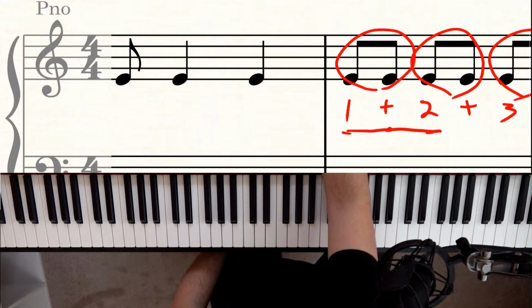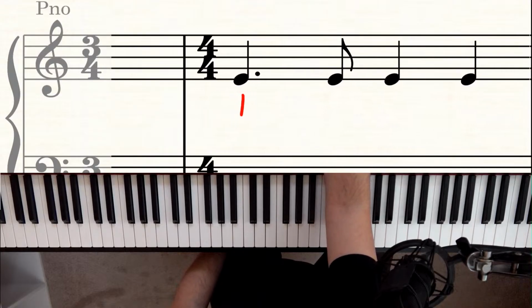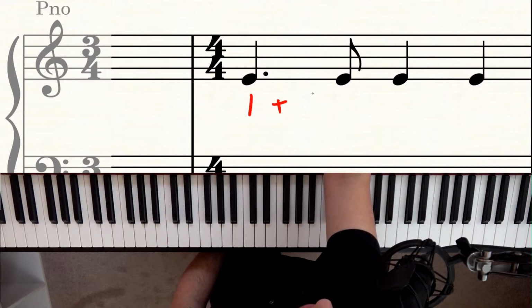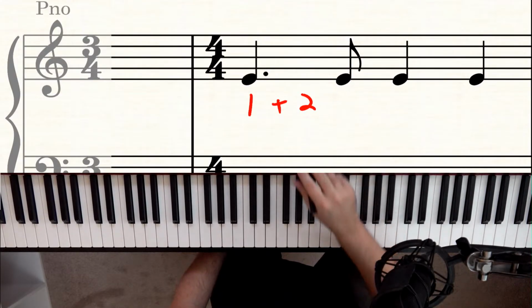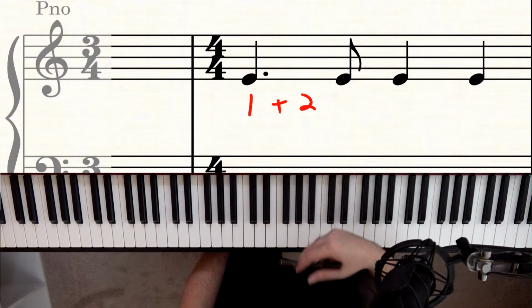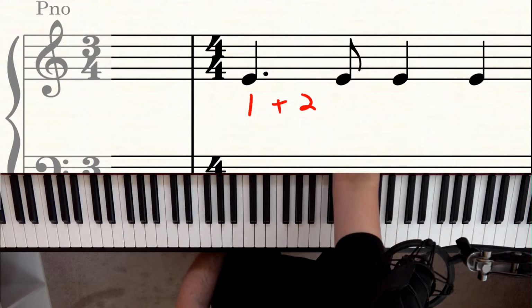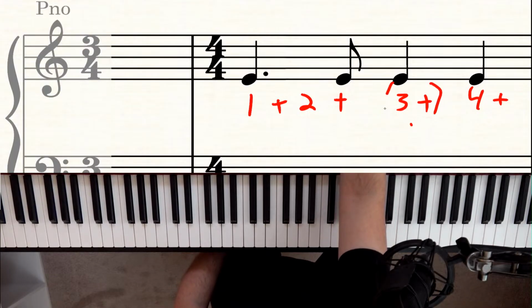It's going to take up 1 and 2. Remember. So it's going to take up 1 and 2. And what do you think this eighth note's going to fall under? It's going to fall under 'and', right? Because that's the next half of the beat. And then you actually have 3 and, 4 and, because these are quarter notes, right? They're going to take up both halves of each beat, like that.